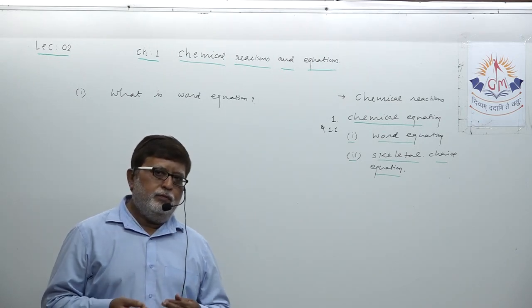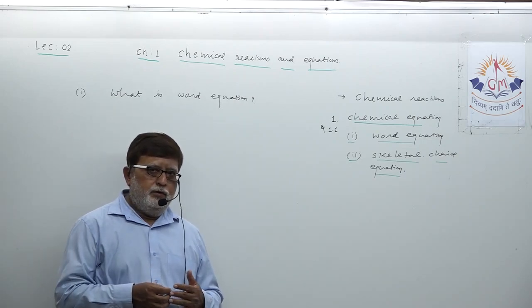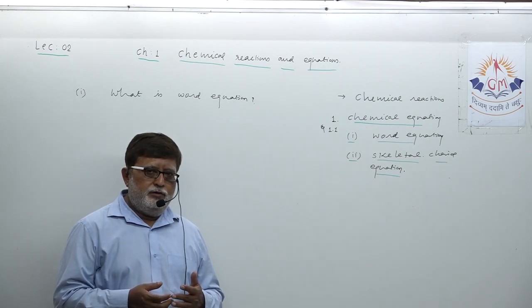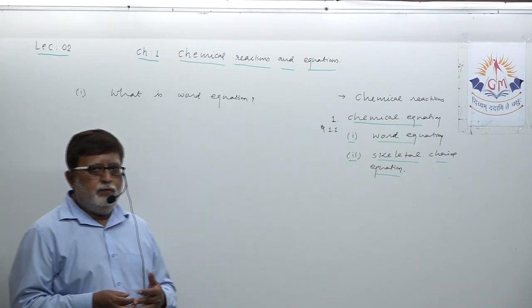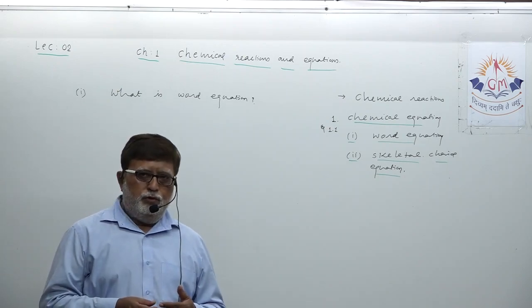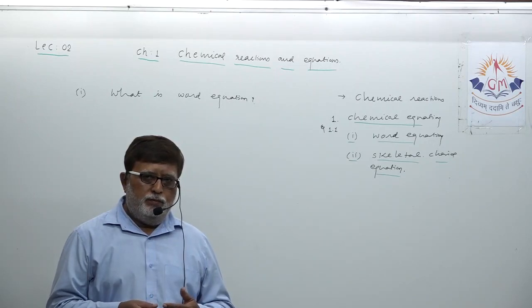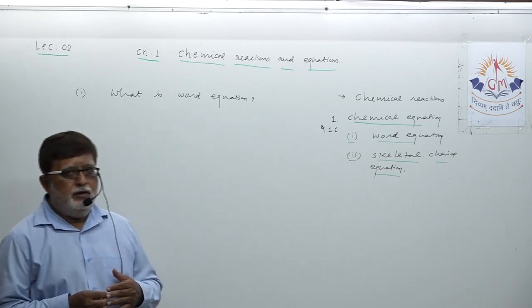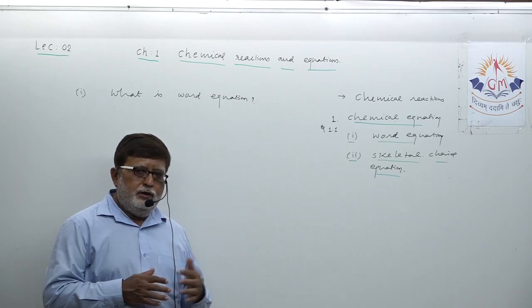Take an example. If we think of activity 1, where we took magnesium ribbon and burnt it in presence of air to produce a white colored powder, which is called magnesium oxide. Now dear student, try to understand that chemical reaction.